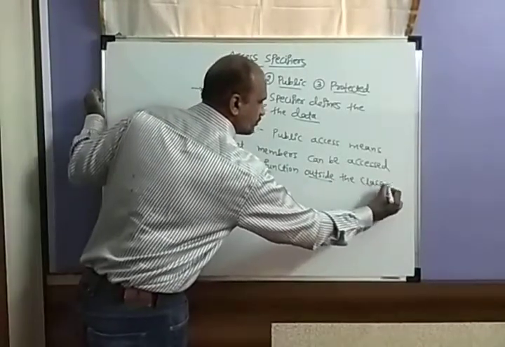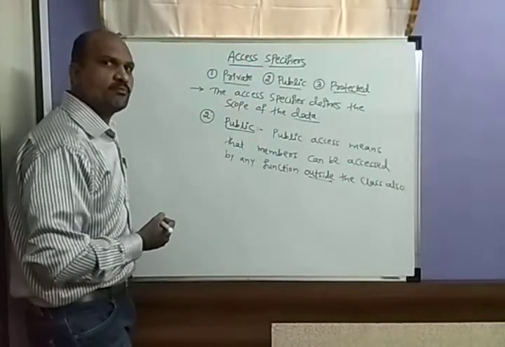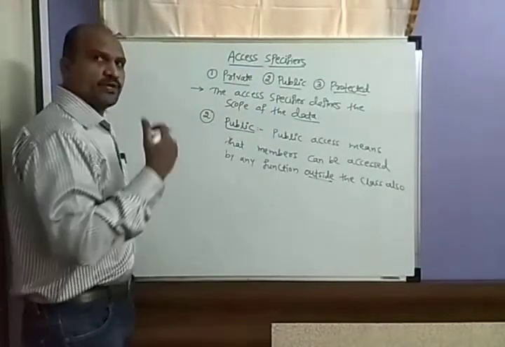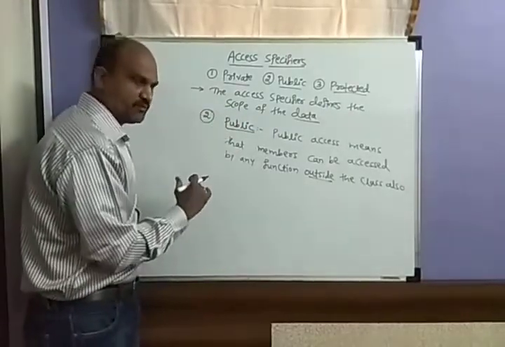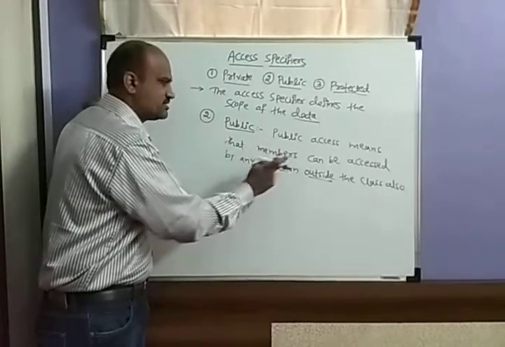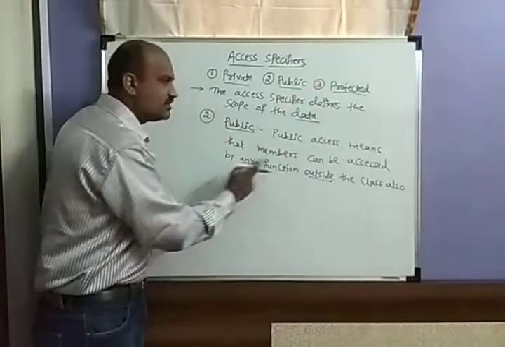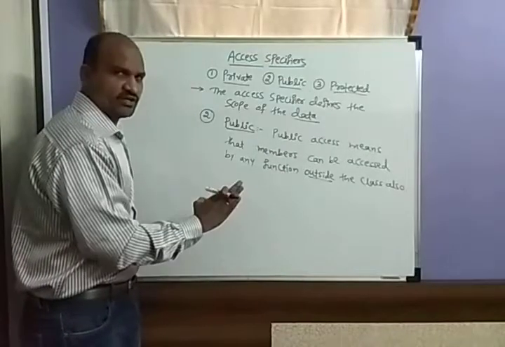That is the meaning of public. When you write private, again in the class we define public. Public access means members can be accessed by any function outside the class also. You can access inside the class and outside the class also.